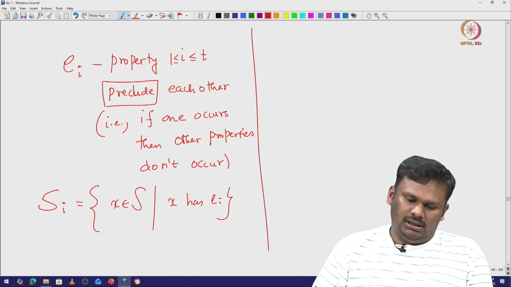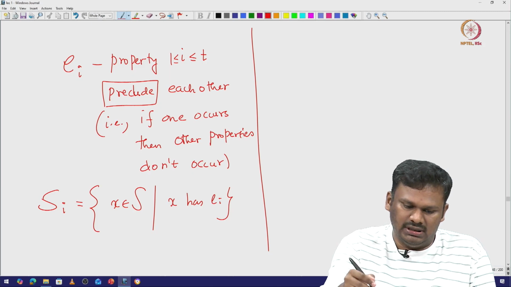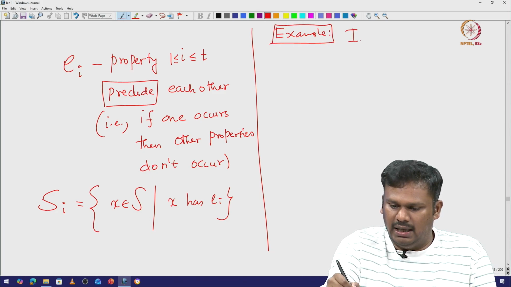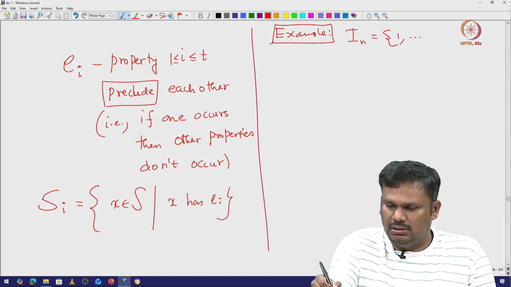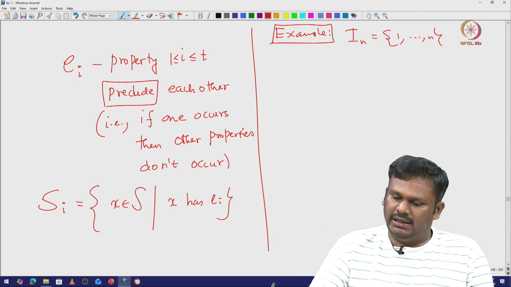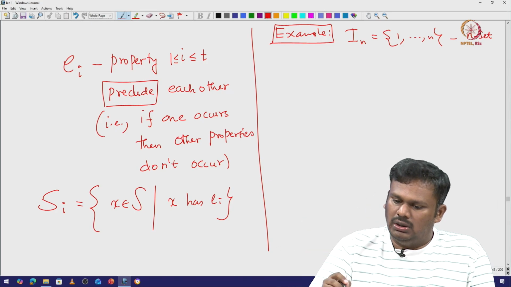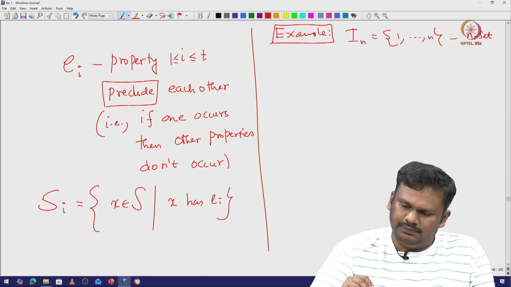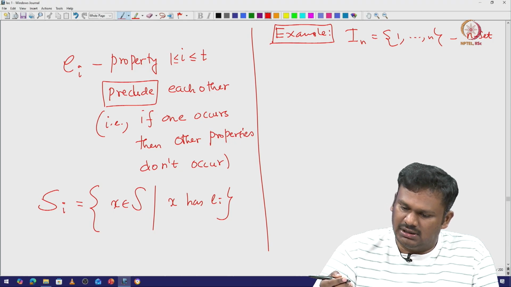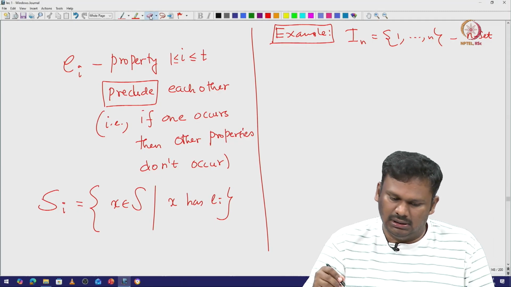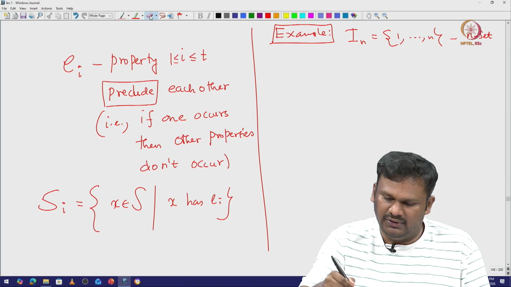So, now let us see how one can use this in an example. So, let us take an n set. Let me denote that by In, which is the set 1 to n that has n elements. Such a set is called an n set. So, now what we will do? We will choose all possible k subsets of this In. Actually, one can work with a general capital X, not necessarily with In.